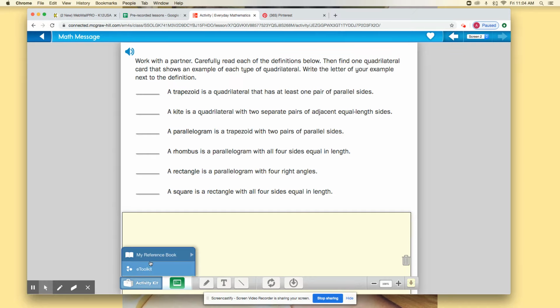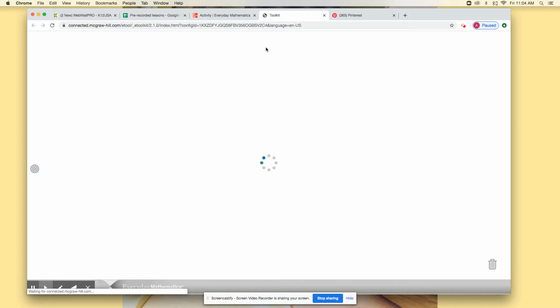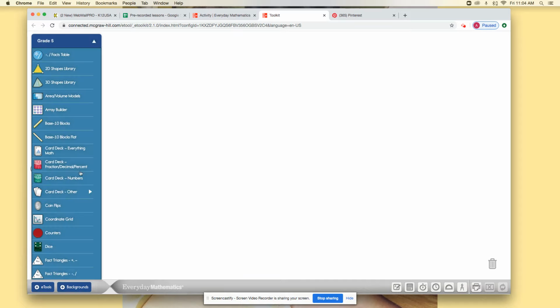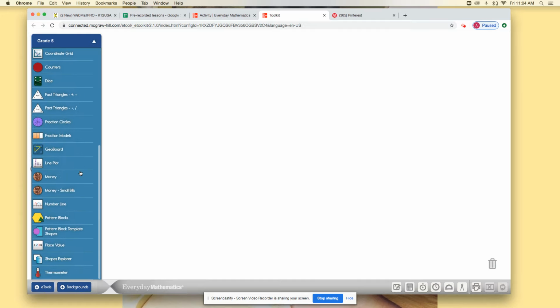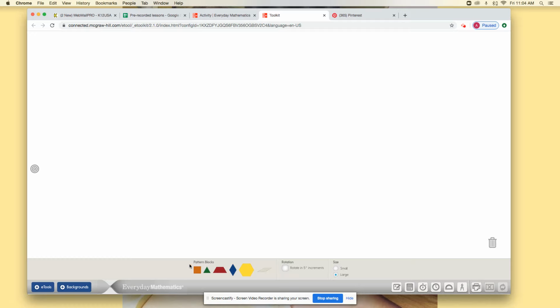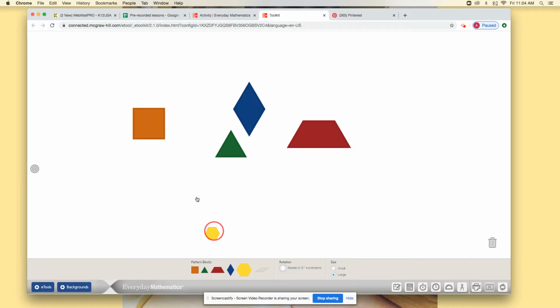If you go to your activity kit and go to toolkit, another page is going to open up. You're going to click Tools. You are going to go to Pattern Blocks, and you have all your shapes down here that you can pull up.